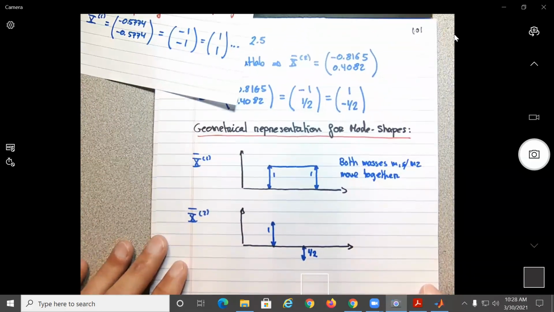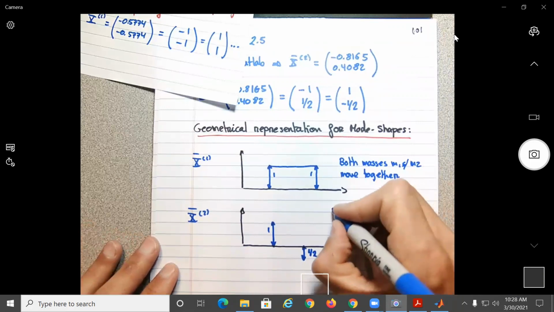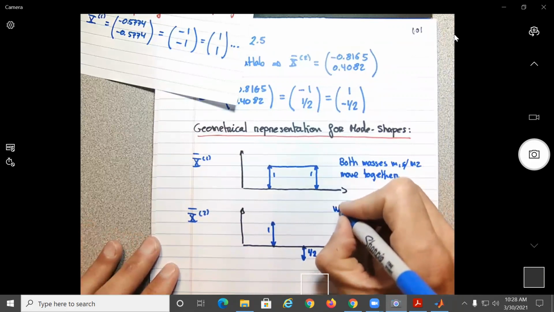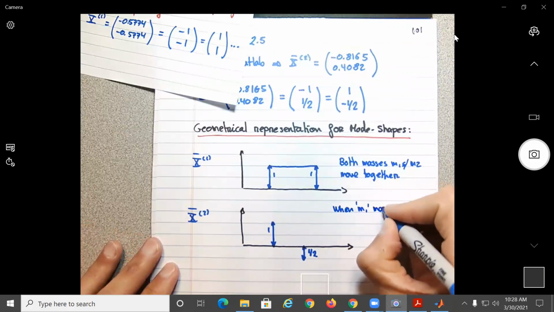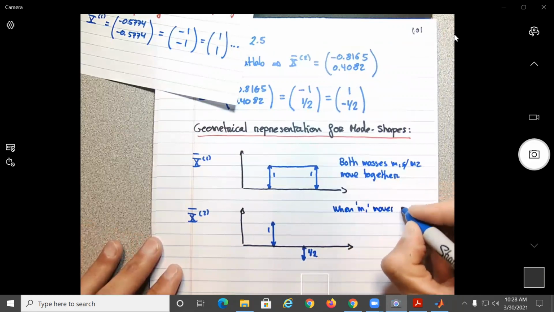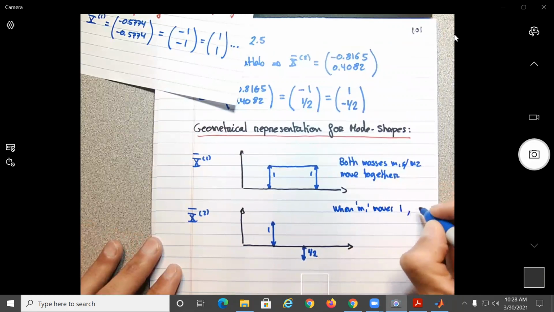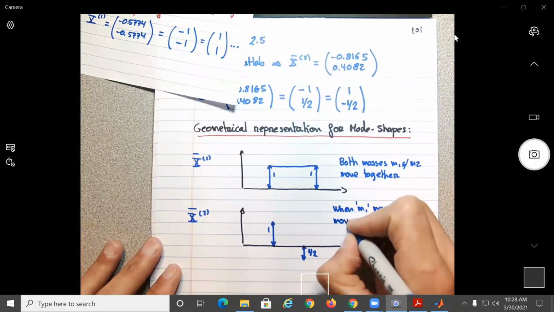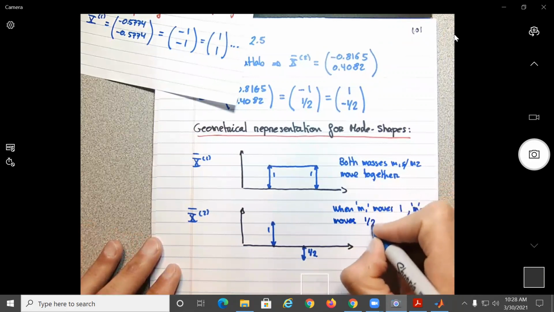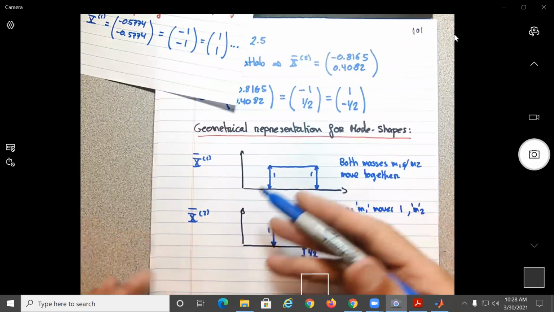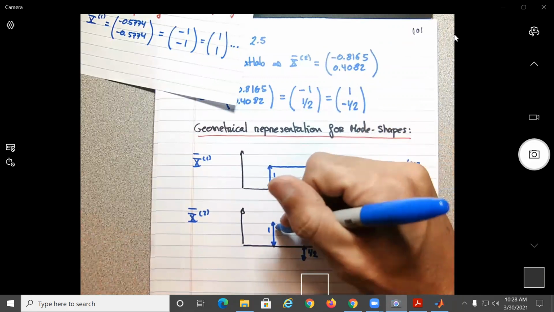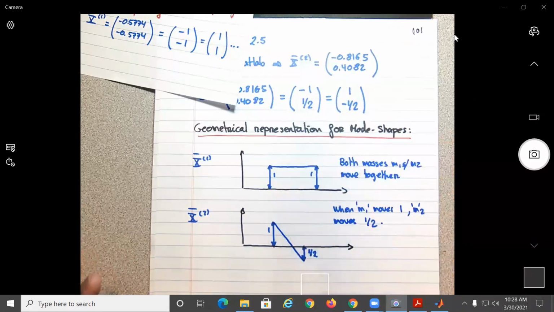So when M1 moves 1, M2 moves in the opposite direction, half the distance that the other one will move. Okay, so I don't know if it's good or bad to represent it this way, but at least we can represent it, no?